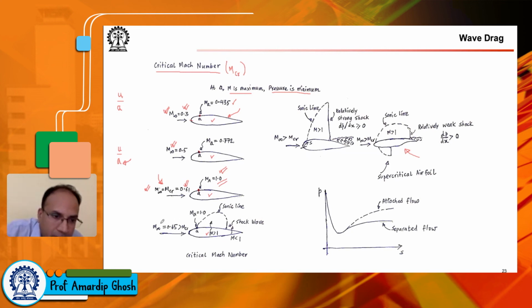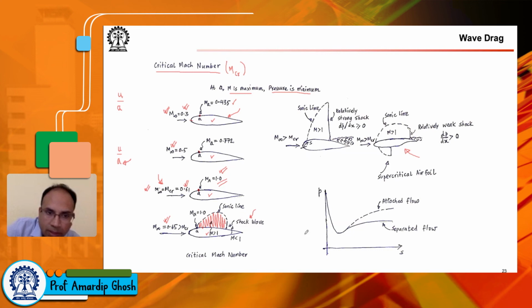In fact, if now you push the free stream Mach number above 0.65, you will see that a region of supersonic flow is established, and that terminates in a shock wave. And the problem is this shock wave imposes unfavorable pressure gradient.